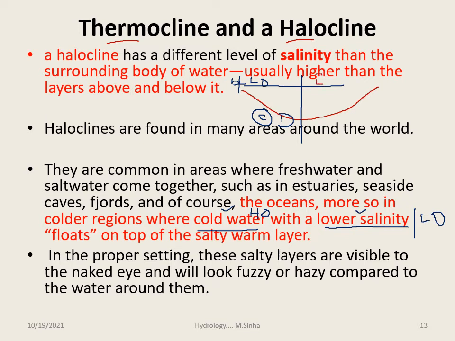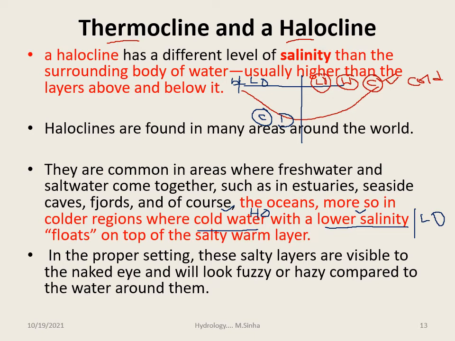We can observe that kind of water in the topmost layer. Its temperature is not so high. This is a cold water mass in the topmost layer due to the combination of salinity and temperature.